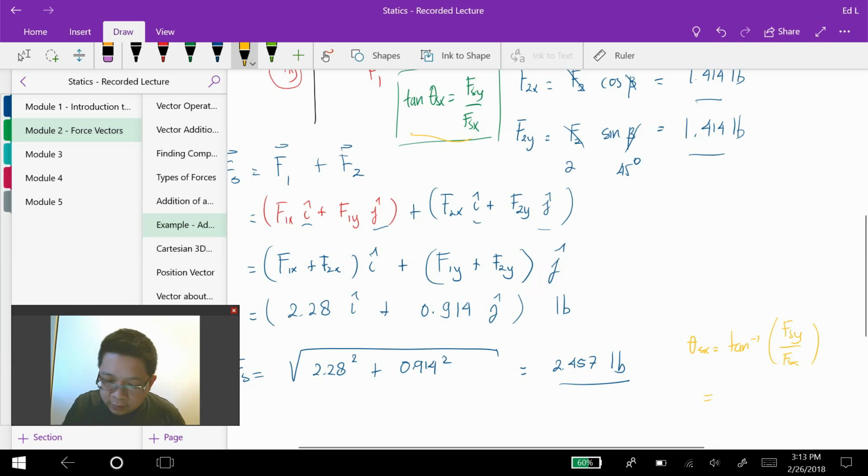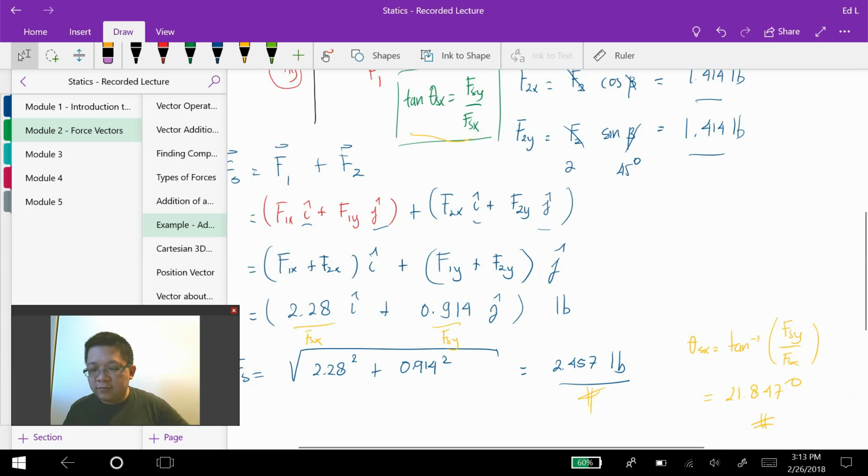So I know Fsy, this is Fsy, this is Fsx. Then taking the calculations, I obtain 21.847 degree.